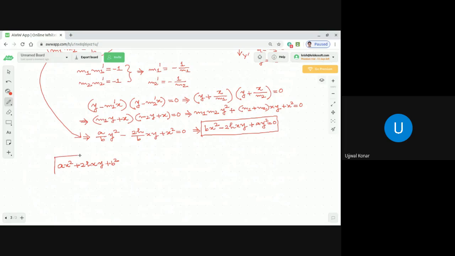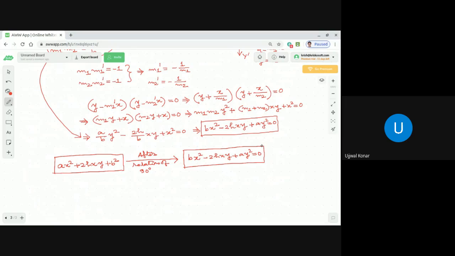After rotation of 90 degrees of both these straight lines, the equation we get, dear students, is bx square minus 2hxy plus ay square is equal to 0, and that, in the box, is the answer to our question.